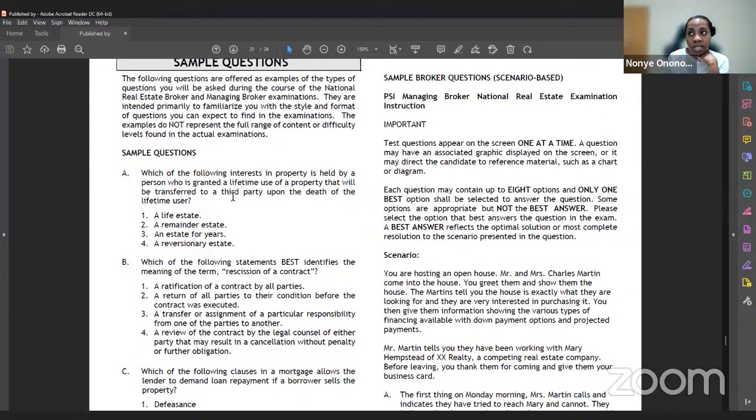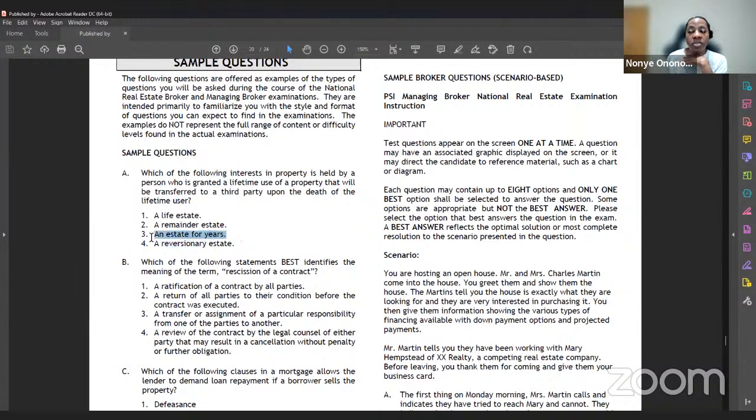If the question said that upon the death of the lifetime user, the property goes back to the original owner, then this would be reversionary. It's reverting to the previous owner when the life tenant passes away.